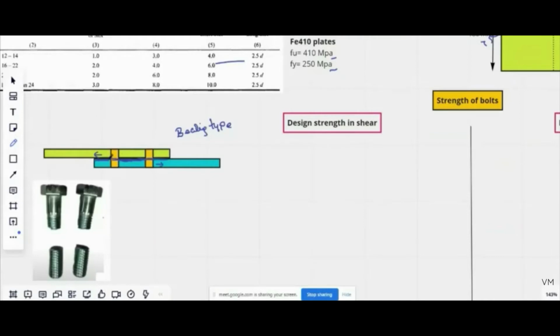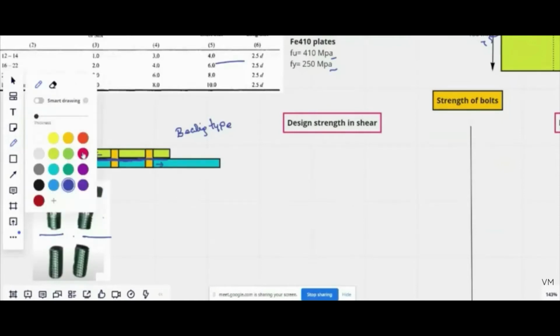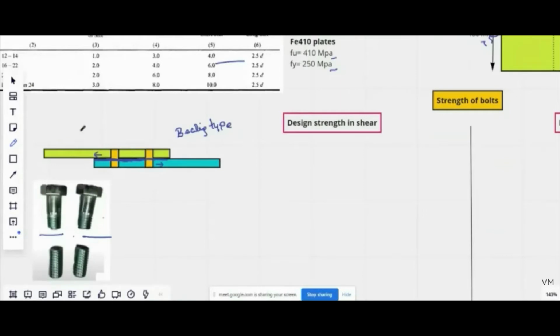Whenever the shear reaches its design strength, failure can occur. This is our shear surface, and the bolt may cut into two different parts as shown here. So this is what we are going to study in the design strength in shear.